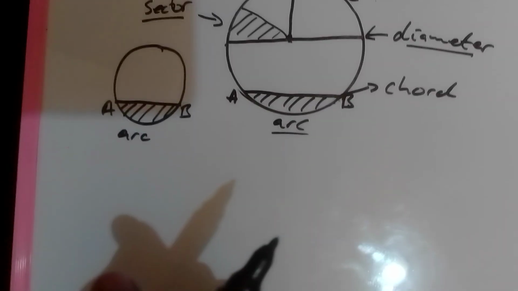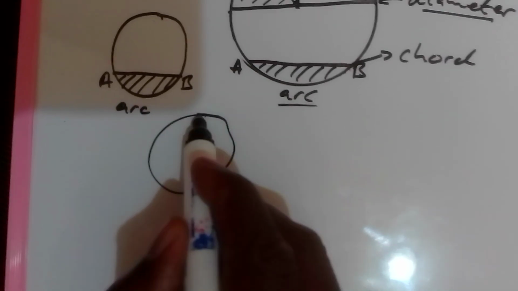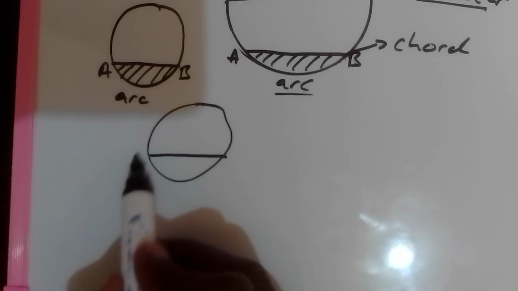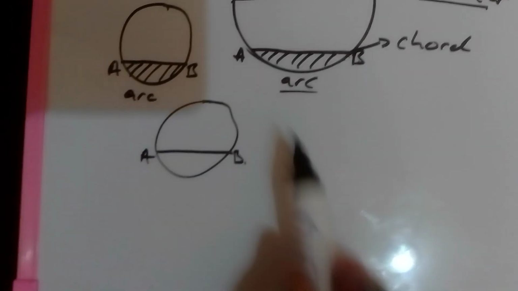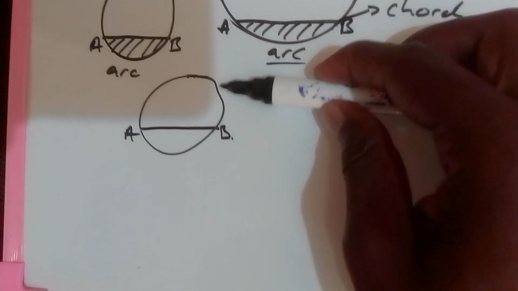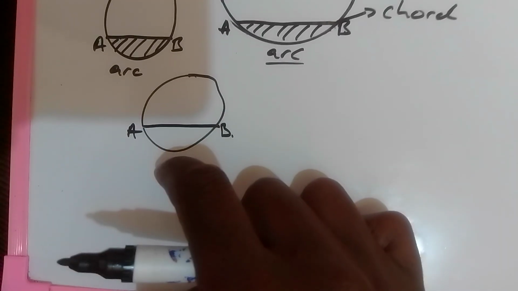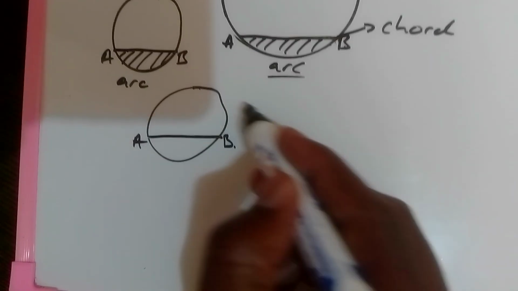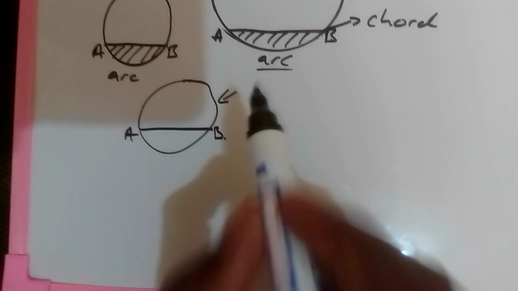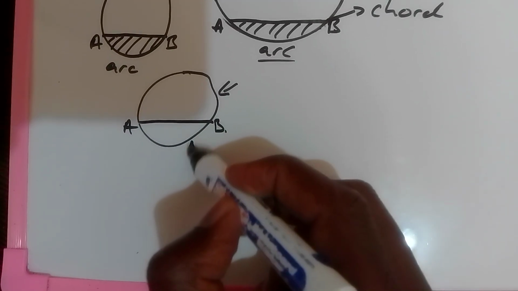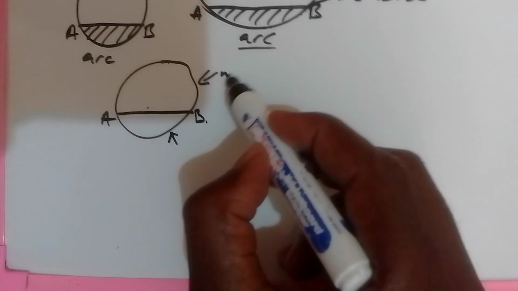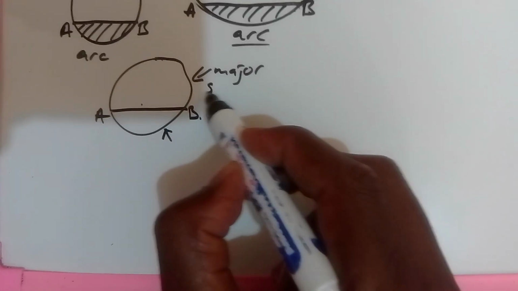Now, what else did I want to speak about? When I drew this circle, observe, and I showed you this chord AB. Do you see that the top part is bigger than the lower part here, right? Now, in mathematics, this part and that part, we know them as segments, but we distinguish them by saying this one is bigger, so we call it major segment.